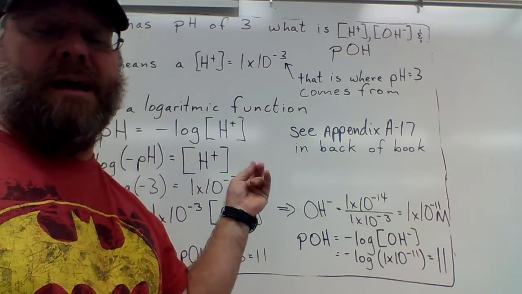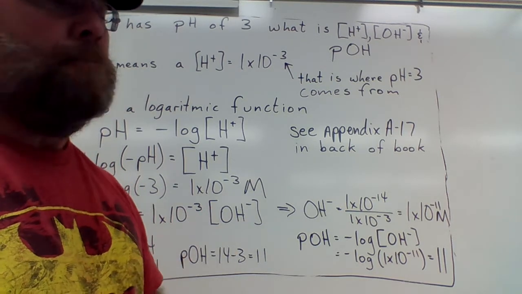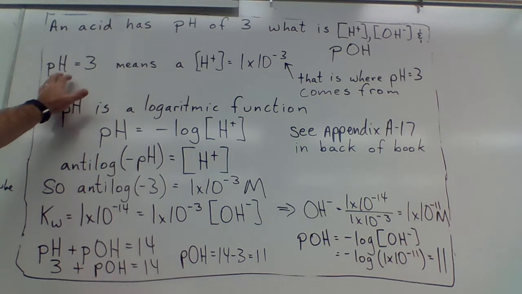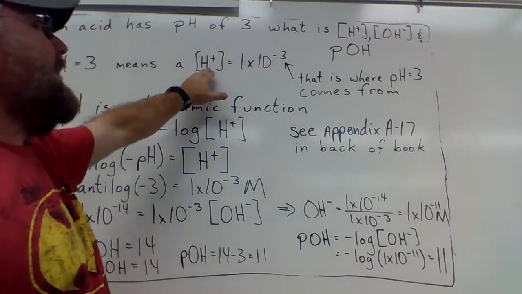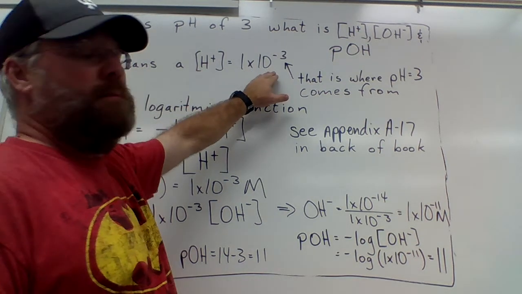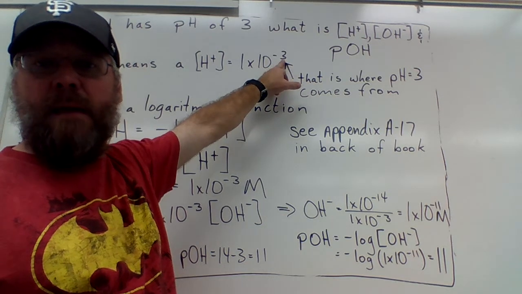If you have a pH at 2.8, it becomes a little bit harder to deal with. I'm going to show you how easy it is to deal with if it's just a pH of 3 here. But the idea is, all right, pH of 3 means that this H plus ion concentration is 1 times 10 to the minus 3 molar. Where did the 3 come from? It came from right there.